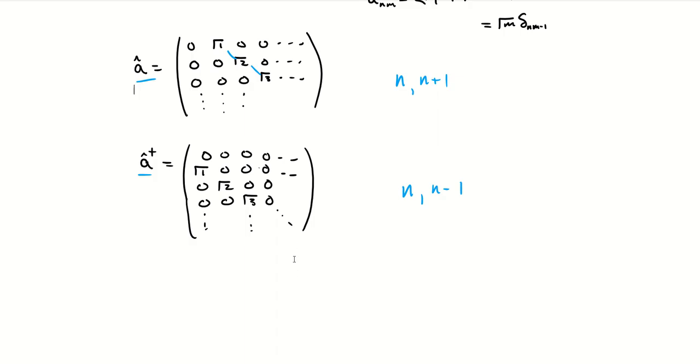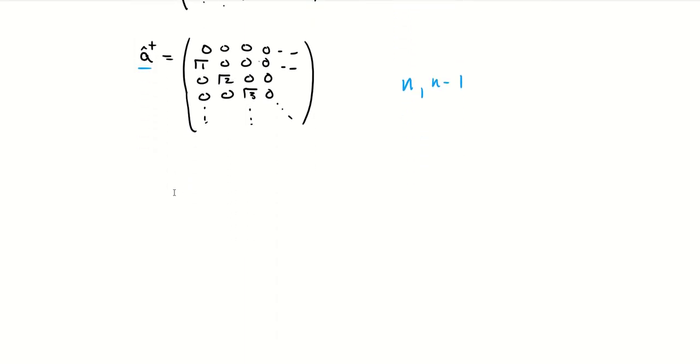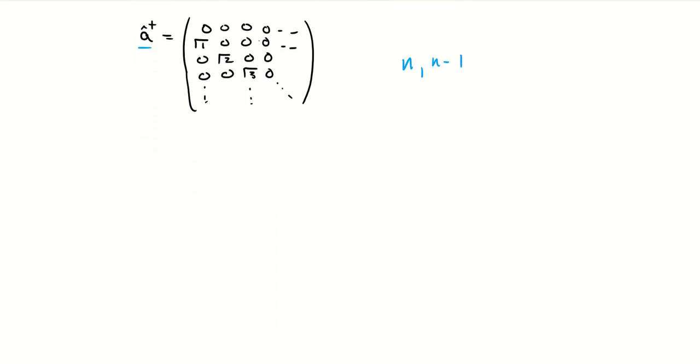So we have them in their matrix representation. We can look at our definitions of what these operators were to figure out what our position and momentum operators are in matrix representation. So let's do that, right?